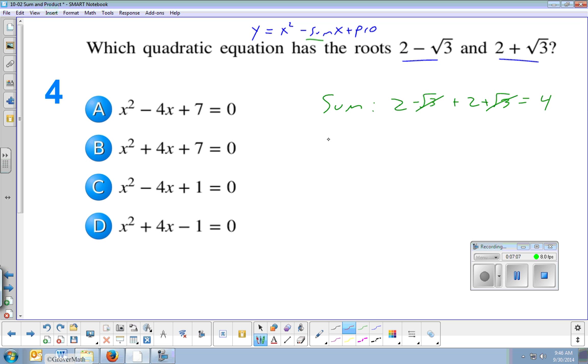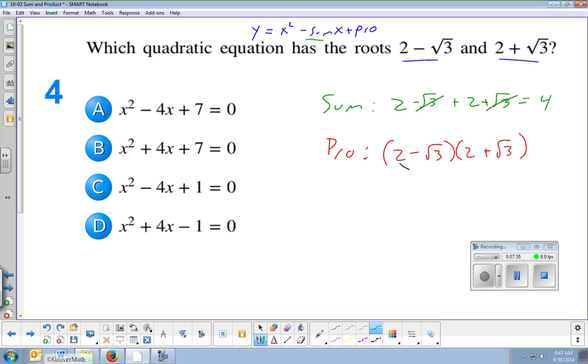And the product is a little bit more complicated because it's multiplication, but it's really not too bad, because when you have roots like this, as I was saying, they come in pairs of conjugates. So you're multiplying conjugates. And that was something that we've talked about in a couple of different topics, that when you multiply conjugates, you don't need to do all of FOIL because your middle terms will cancel out.